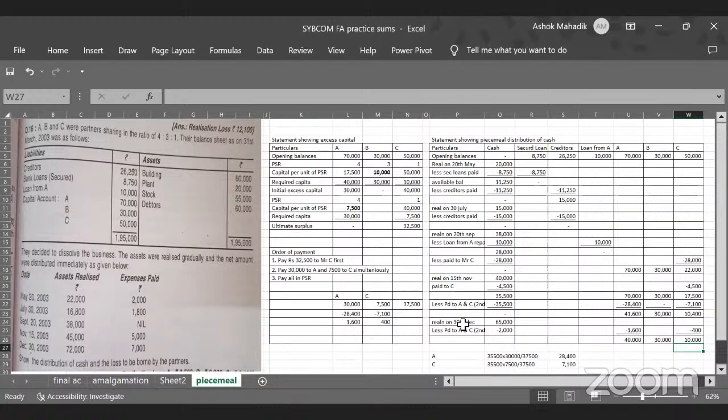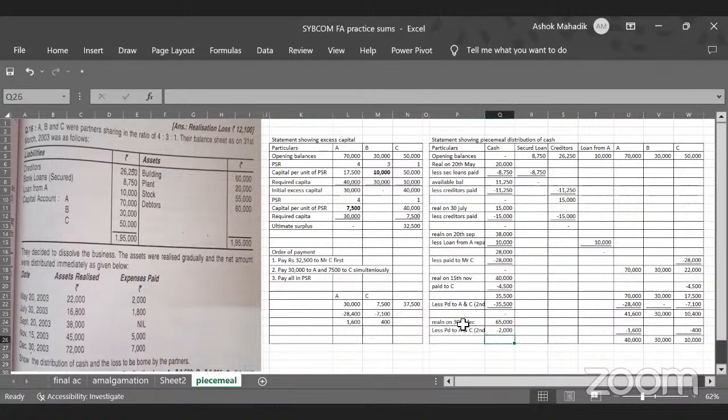You can check the balance left with A, B and C: 40, 30 and 10, which is your PSR of 4, 3 and 1, isn't it? So after the second order of payment is done, the balance left in the partners' capital accounts will be in the proportion of PSR. This is a stage where you can cross verify your answer. Once you are done with order of payment number 2, you will have closing balances of A, B, C. Then you will come to know whether that amount is in PSR or not. If it is in PSR, you are going correct.